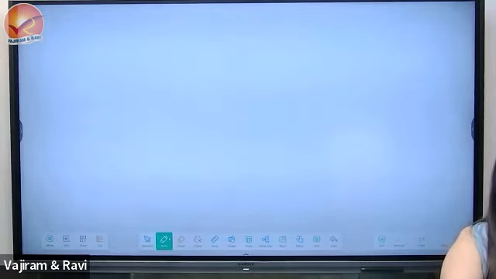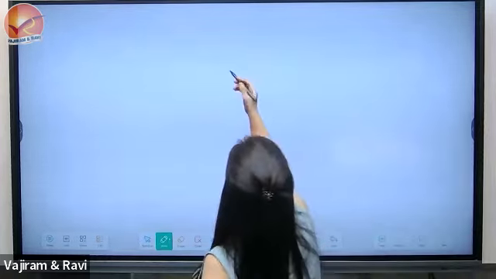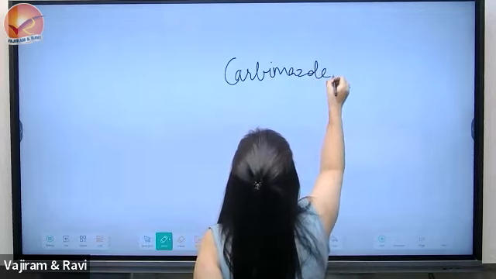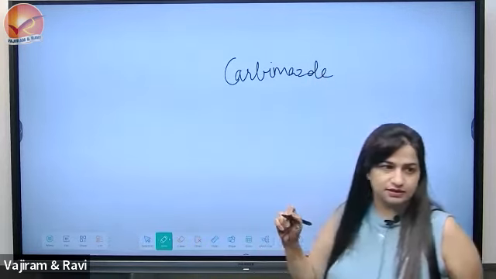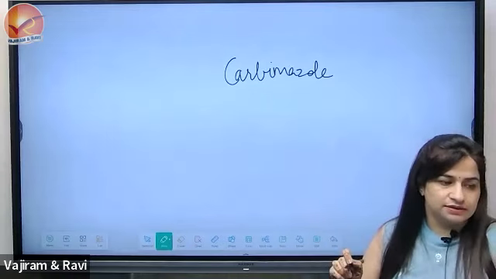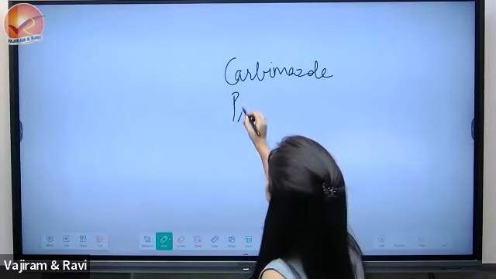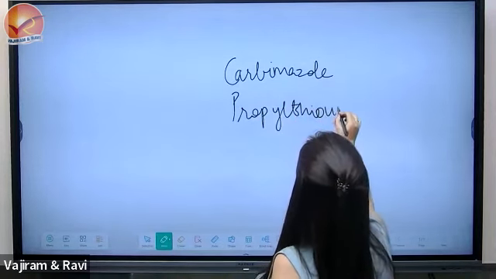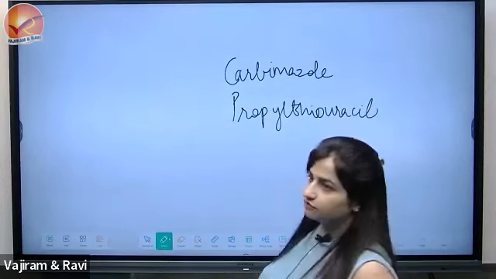In the next line, for patients under 40 years of age, carbimazole and propyl thiouracil can be given.